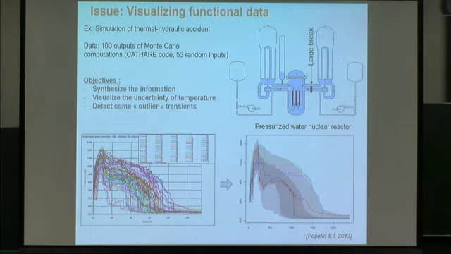So we have tried to study other things. To illustrate this, I give another example, which is a thermal hydraulic accident inside a nuclear reactor. Imagine that here you have the cold water which arrives here, and the goal of the cold water is to cool the fuel, and after it becomes hot water, and we have some exchanger to create electricity.